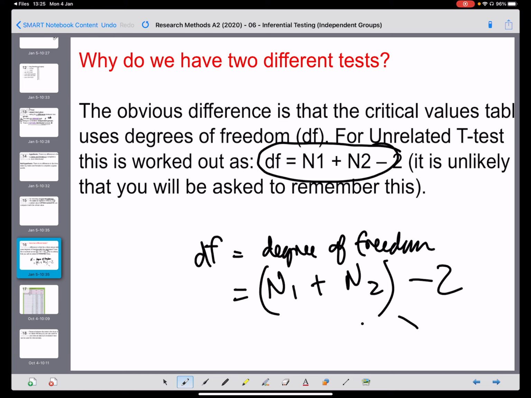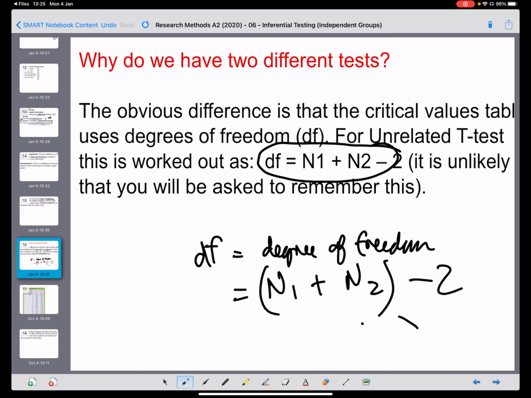For example, for the first set of data that we had that wasn't using unrelated, I think n was 10 and 14. So you do 10 plus 14 is 24, minus 2 is 22. It's going to be fairly straightforward for you to do.